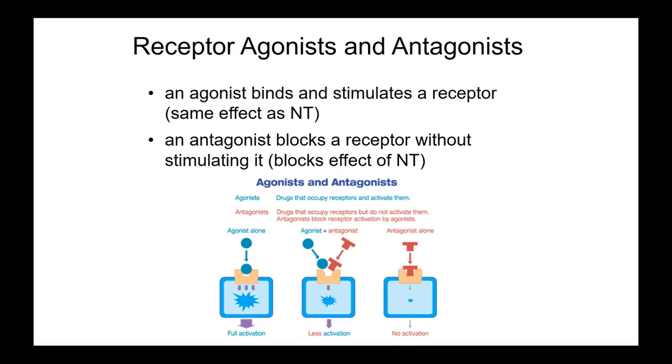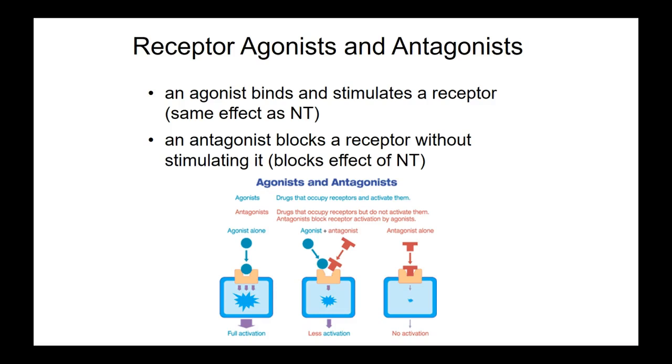It can affect that receptor longer, and therefore it can have a greater effect than the neurotransmitter does alone, right? So it mimics the effects of the neurotransmitter or the ligand for that receptor.